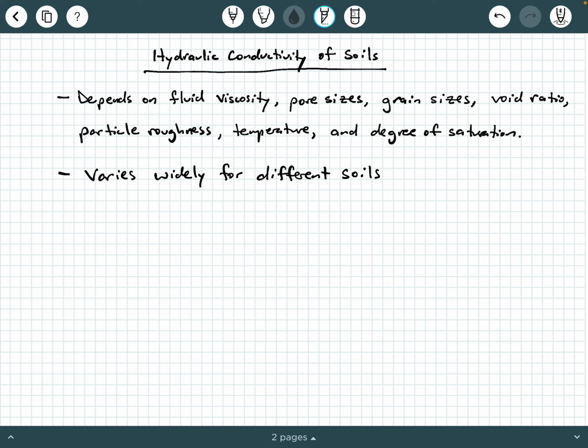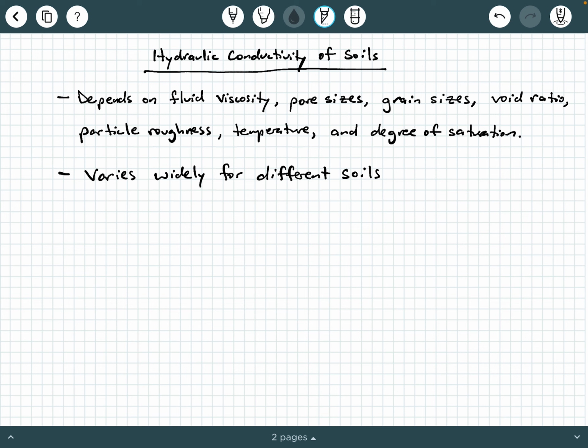It turns out that the hydraulic conductivity of soils, which we sometimes call coefficient of permeability, depends on several things. It depends on the fluid viscosity of the fluid that's flowing through the soil or the porous media, which in most cases we're dealing with water. It depends on the pore sizes of the soil grains.